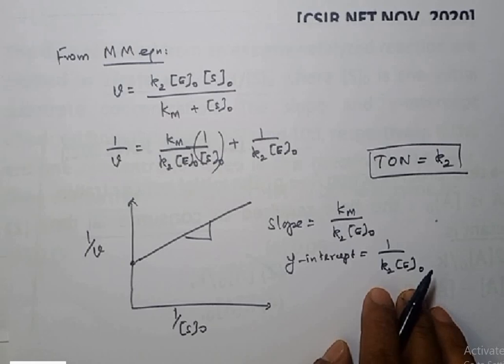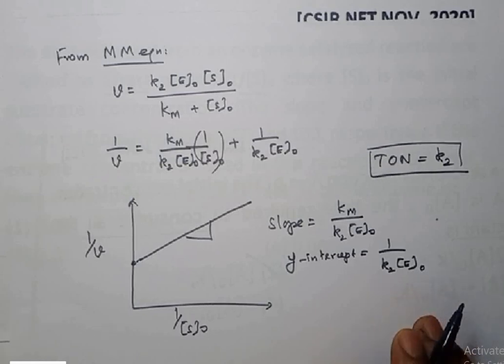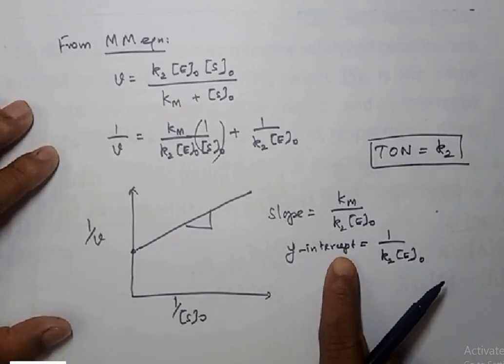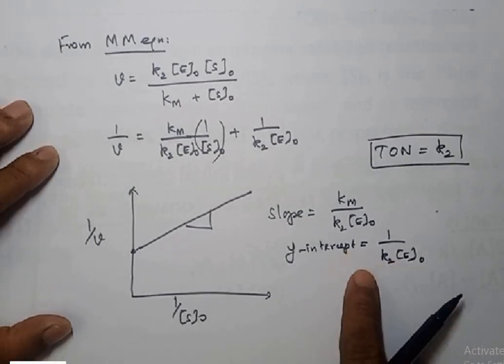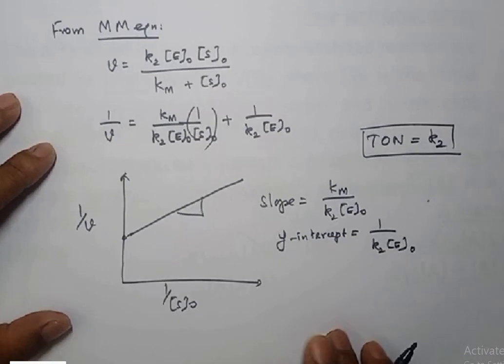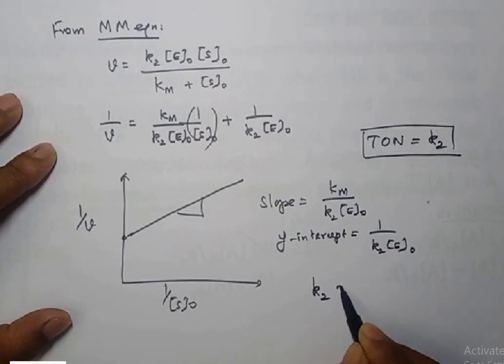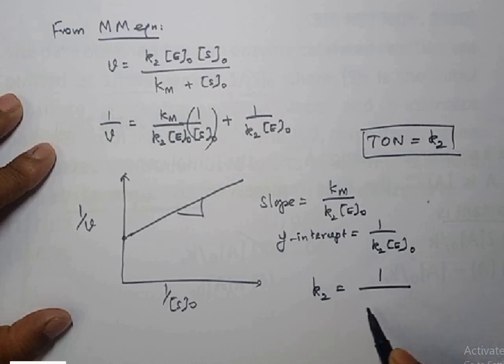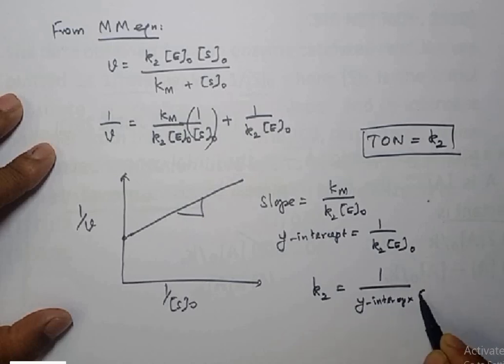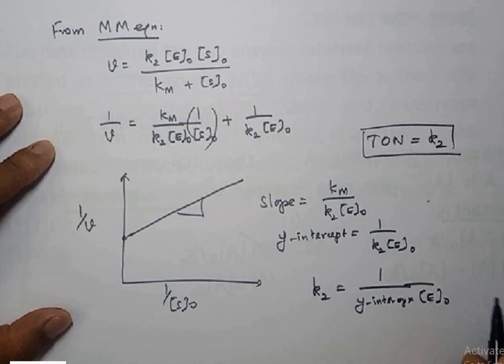How to do that? It's very simple. The y-intercept value is available. From this you can find K2 because E0 is available. So K2 is equal to 1 by y-intercept into the concentration of the enzyme.